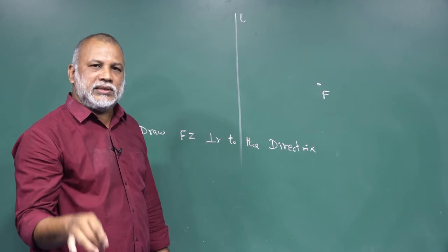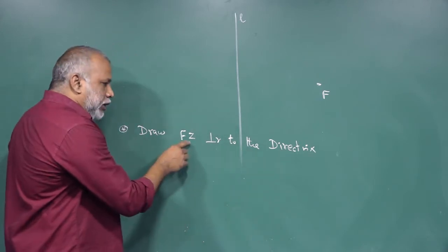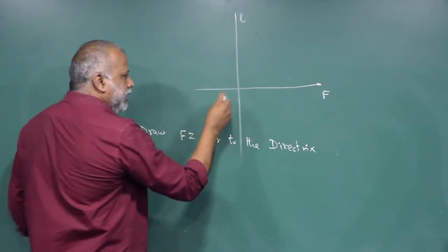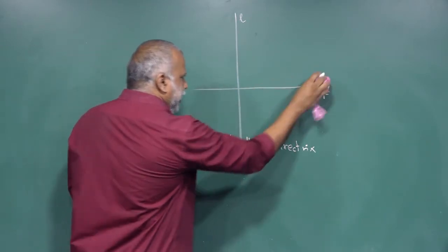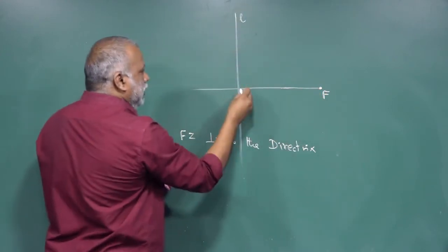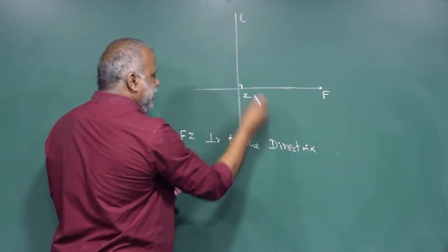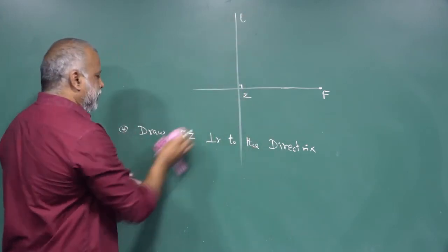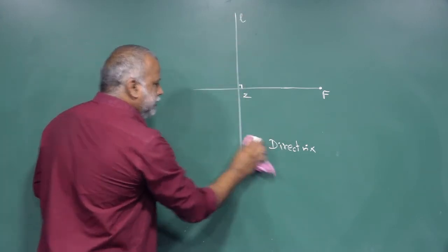Now we are going to draw FZ. Therefore, from this, draw a line perpendicular to the directrix L. Draw FZ perpendicular to the directrix L. Now, the next explanation.